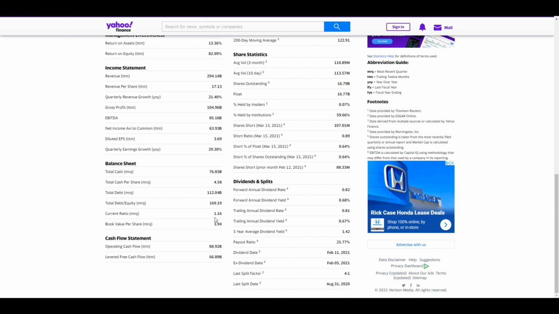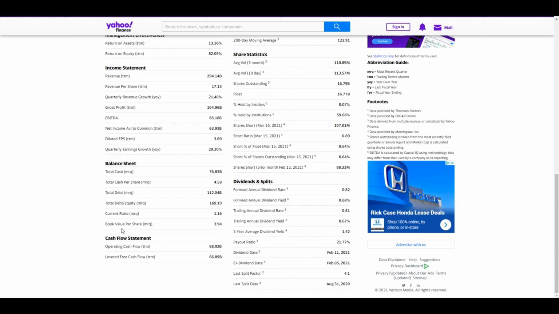As you can see here, the current ratio, or its current assets or short-term assets, are 1.1 times short-term debt and obligations. So yes, it is liquid, and it is able, if all of its vendors and its debtors say, I need you to pay me today, they would be able to do so and have some left over.